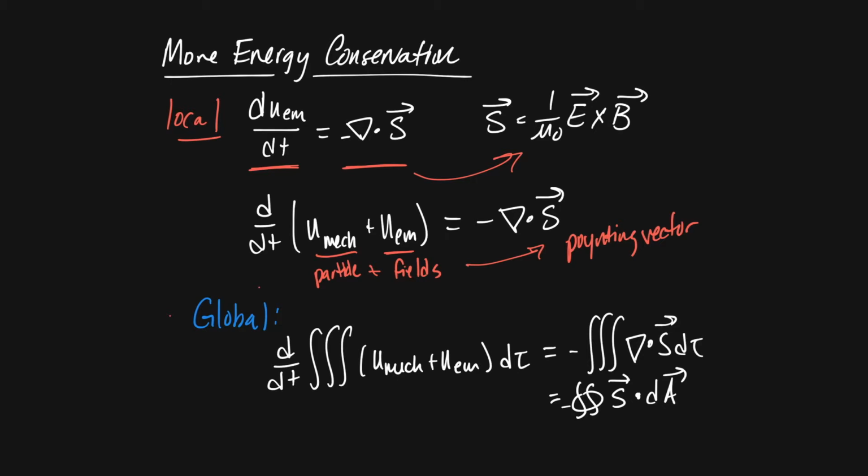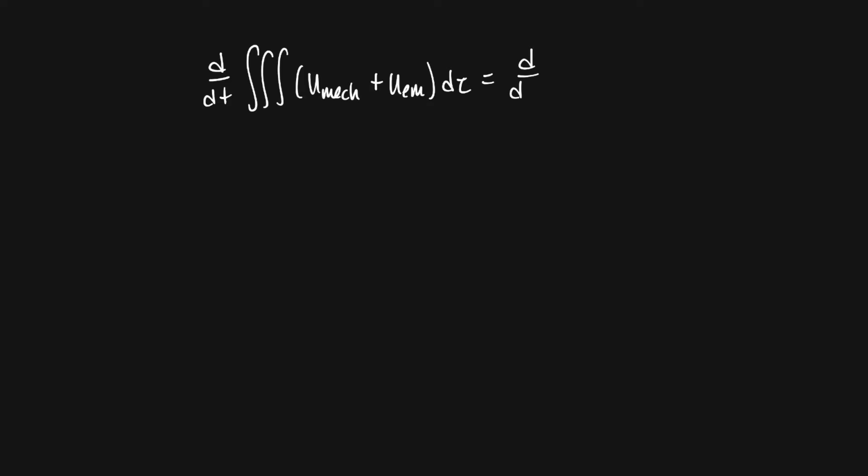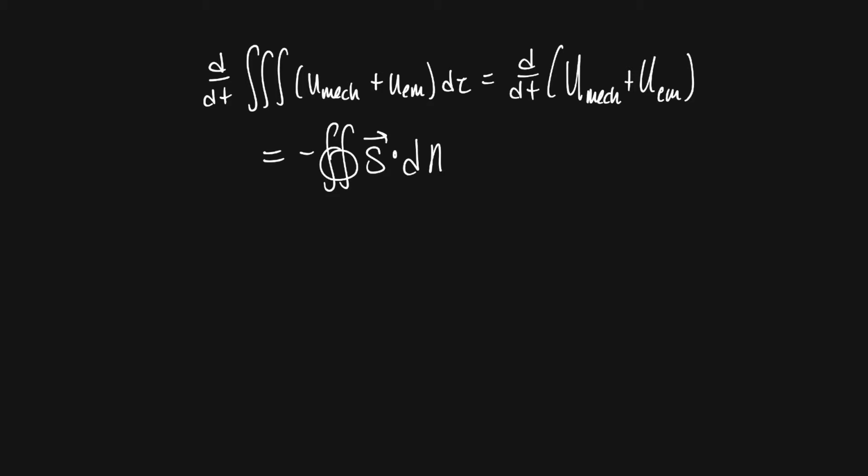And so I think it's worth taking a moment to state that, mainly that the time rate of change of the integral of the energy density associated with the mechanical and the electromagnetic energy, namely the time rate of change of the total mechanical energy plus the total electromagnetic energy, is exactly equal to the rate of transport of that energy across any boundary.